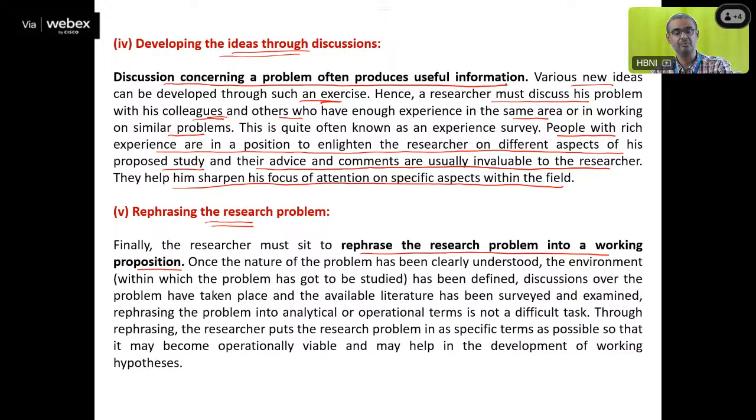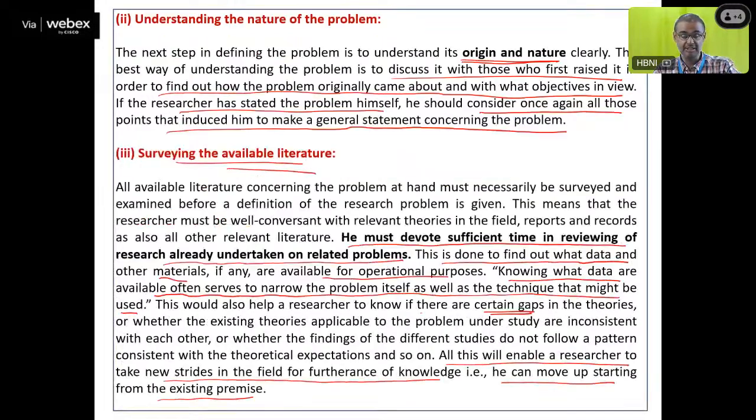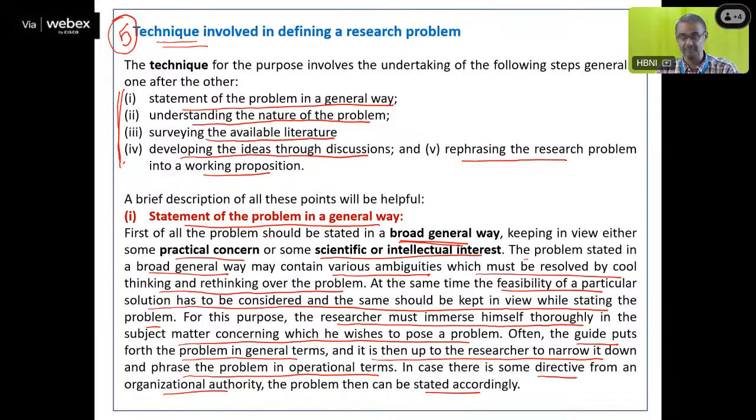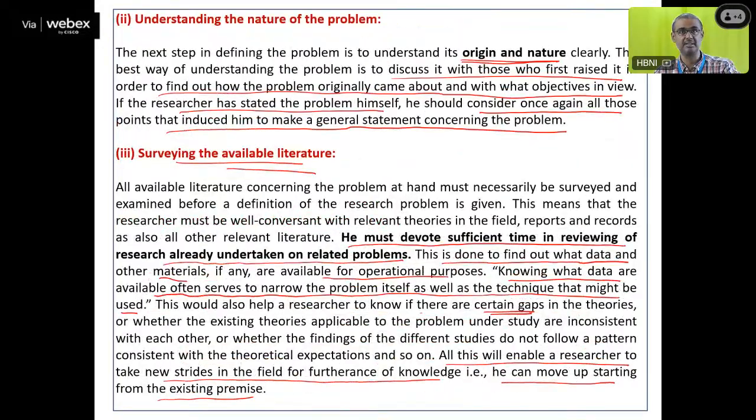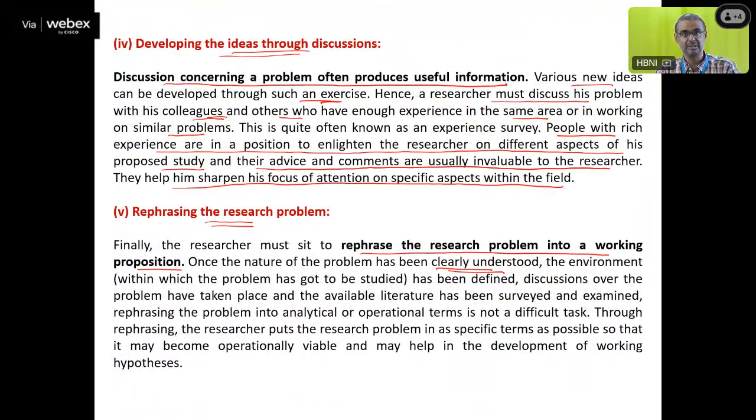You have discussed with your peers and your seniors, and then you sit back again and rephrase what you initially proposed in a general way, so that what you propose now, after these techniques, will have much more clarity, so that you can define or formulate the research problem in a much clearer way.